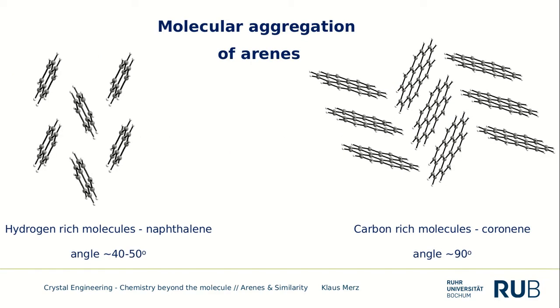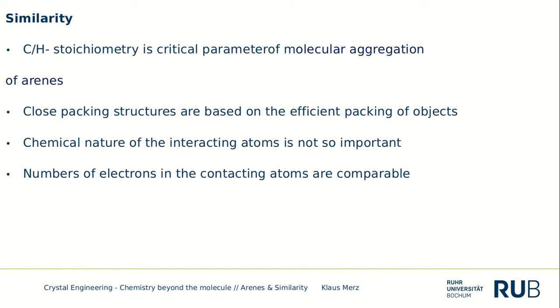What does it mean? Naphthalene, anthracene, benzene. It means that the critical parameter for crystal packing is the stoichiometry of CH. Okay? And what I said, close packing, structure based on efficient packing of objects. It does mean the chemical nature of interacting atoms is not so important.